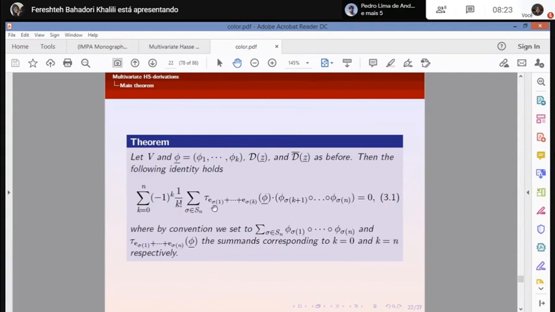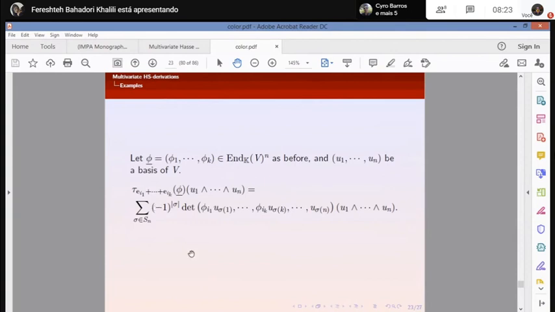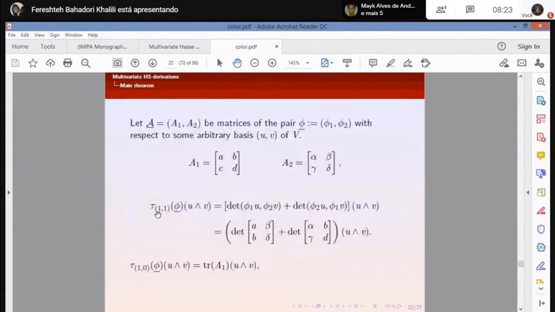Now these traces can be obtained by this equality, as we have seen in the two-dimensional case, where tau 1, 1 is just the determinant of these two matrices.